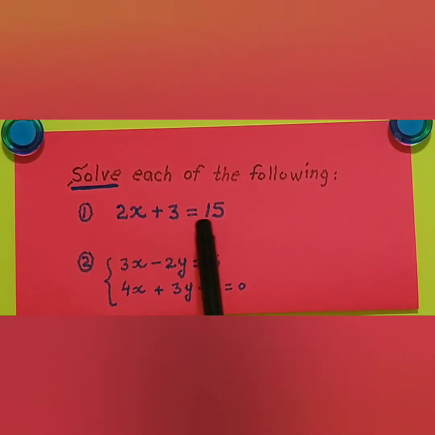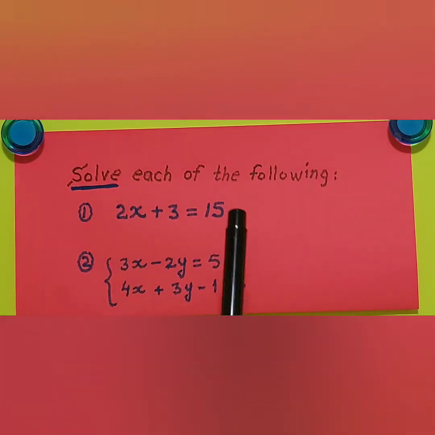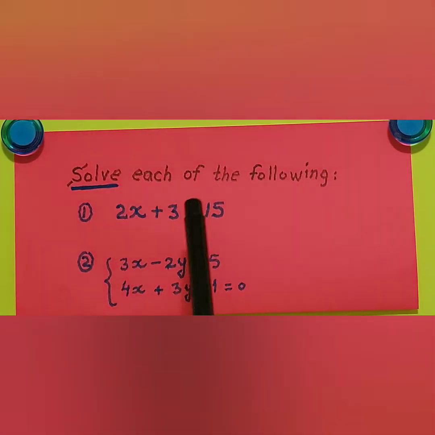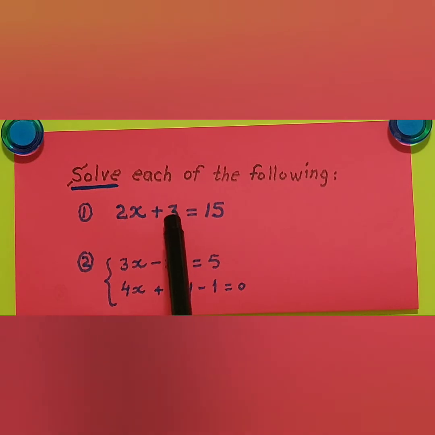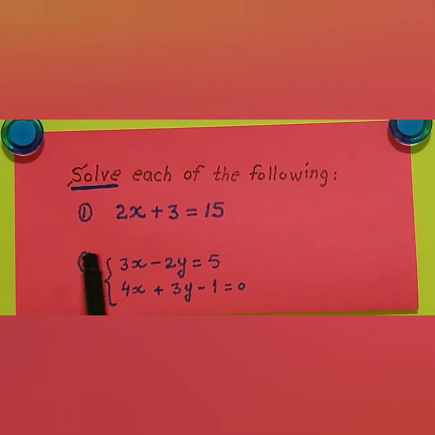The first one is so easy to find the value of x by guessing or by steps, like first remove number 3, then remove number 2, so we can get the value of x. We can't do that in the second equation, because here two variables, as I said, and here two variables.